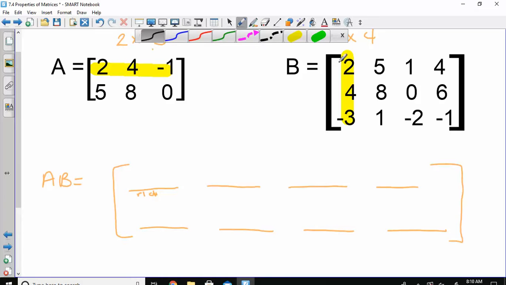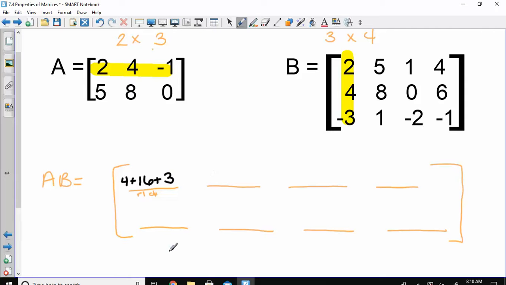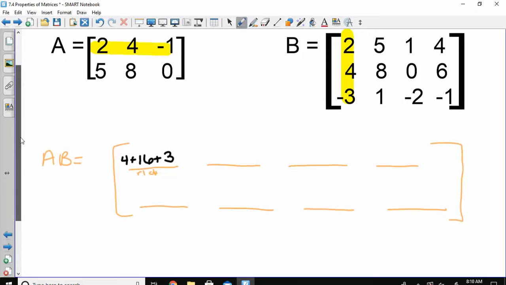So I will do 2 times 2, which is 4, plus 4 times 4, which is 16, plus negative 1 times negative 3, which is 3. Do you see how I got those numbers? So that first number will be 23.